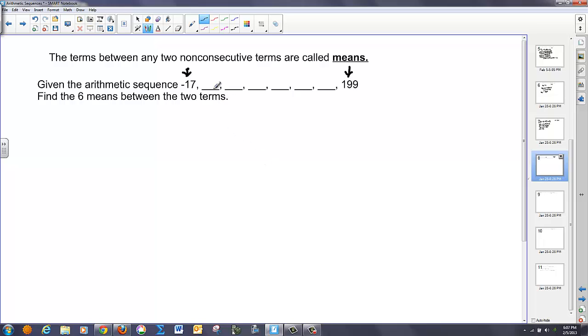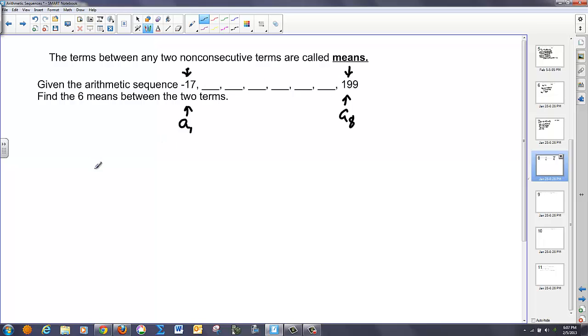And I'm going to find the 6 terms in between these two terms. Now, what I do know is that -17 is the first term of this sequence, and 199 is the 8th term in this sequence. So all I really need to do is find the value of d and add that all the way up.